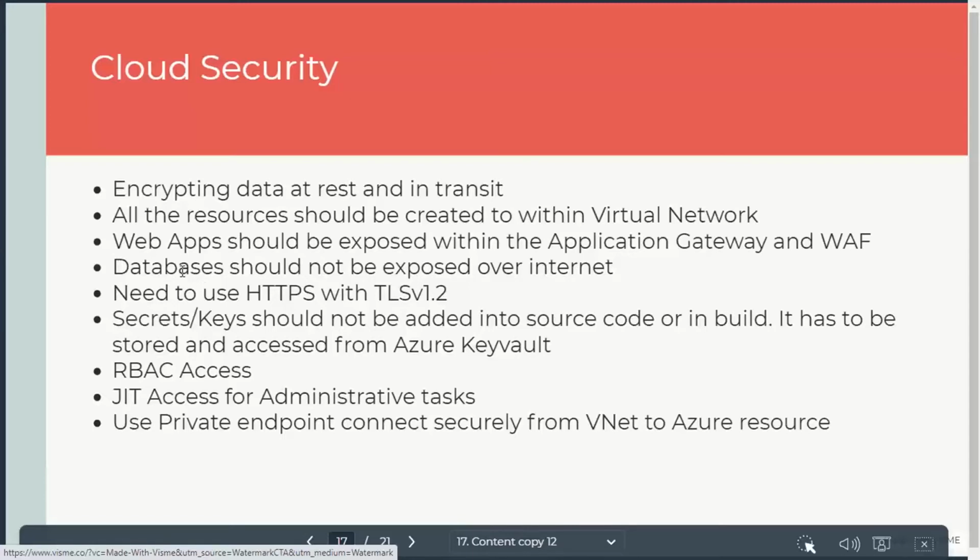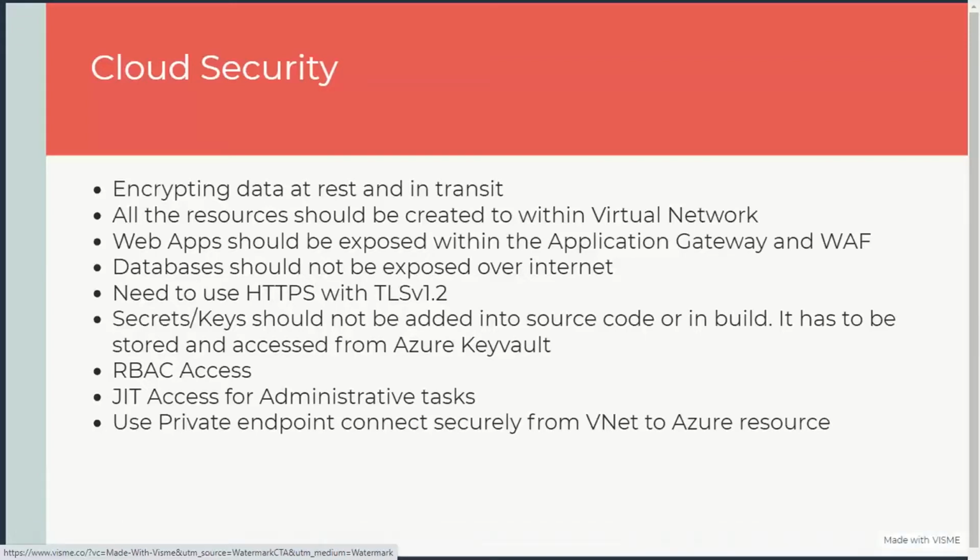Which means this also has to be in the virtual network only. And then we need to use HTTPS with TLS version 1.2. HTTPS secures the communication between the sender and receiver, but even then it matters which protocol version we use, like TLS 1.1, 1.2, 1.3.